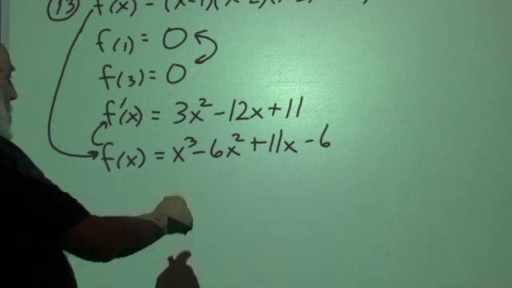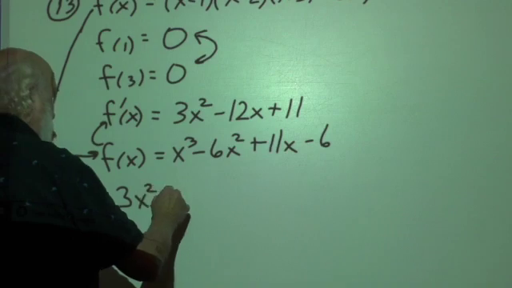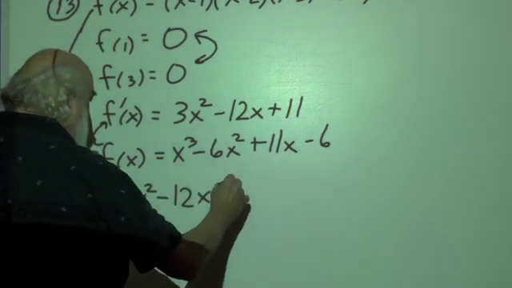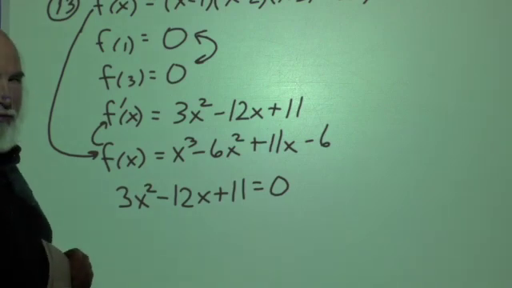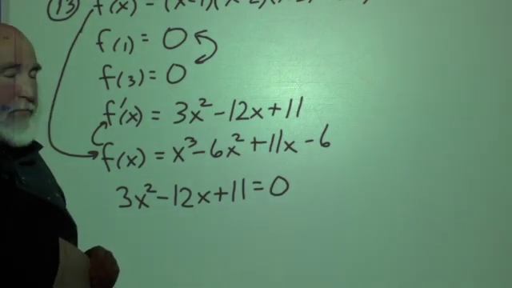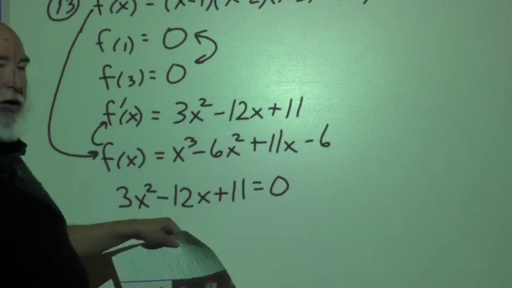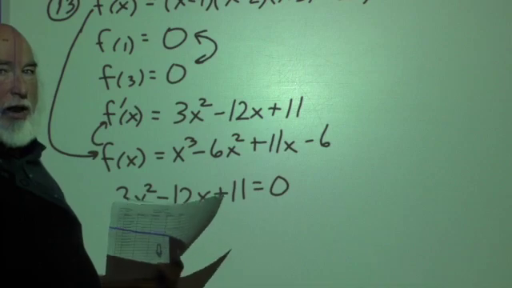Now what I'm going to do is set that equal to 0 and solve for x. Well, this is not factorable, so this could be an issue here. So we're going to have to use the quadratic formula. Now, if you don't have a quadratic formula in your calculator, you can get it ASAP.